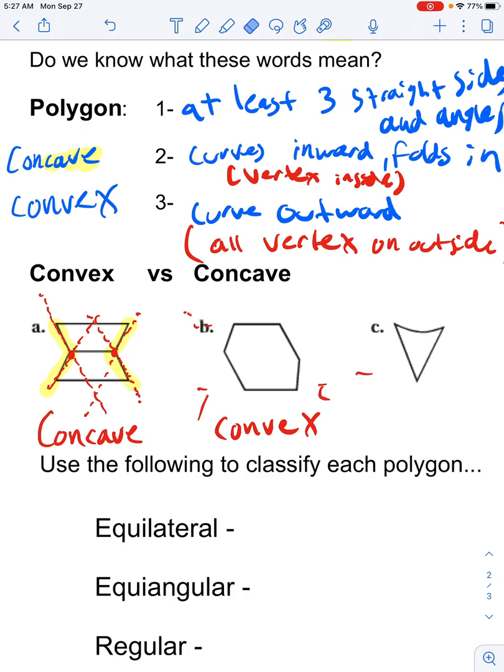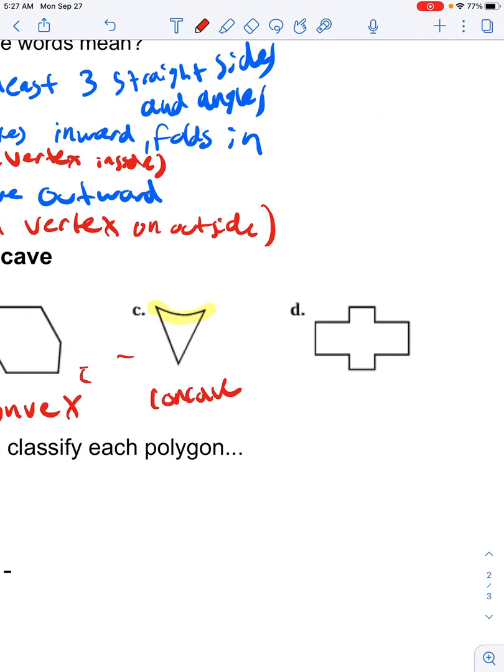And you can tell that there's not really a part of this shape that's folded in on itself. Whereas vice versa, when we look right here, I can say, hey, this side is starting to tilt into my shape. It's starting to fold in. So I would call this one concave as well.